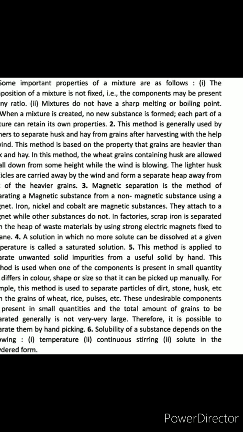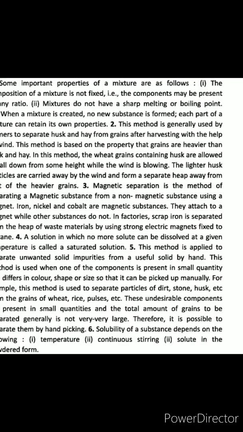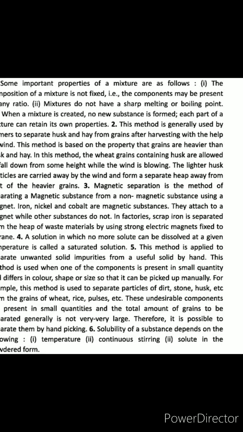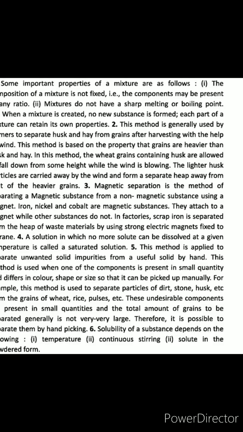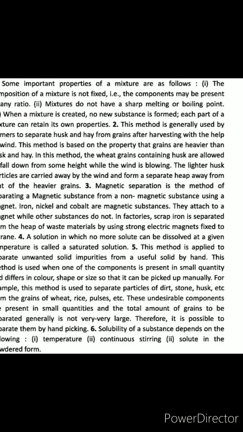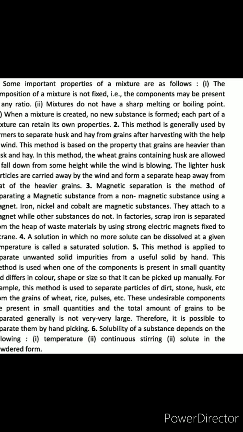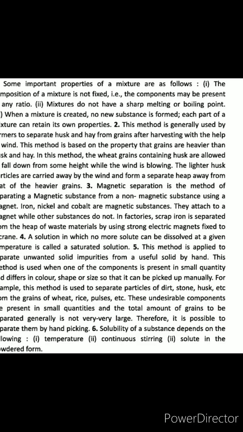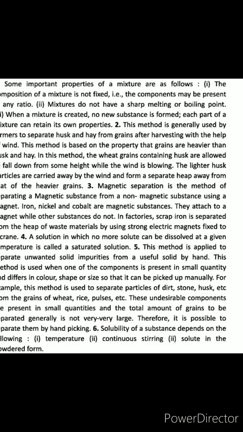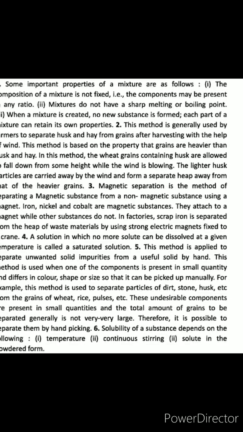Third one, explain magnetic separation. Magnetic separation is the method of separating a magnetic substance from a non-magnetic substance using a magnet. Iron, nickel and cobalt are magnetic substances. Only magnetic substances we can remove by this method. They attach to the magnet while other substances do not.